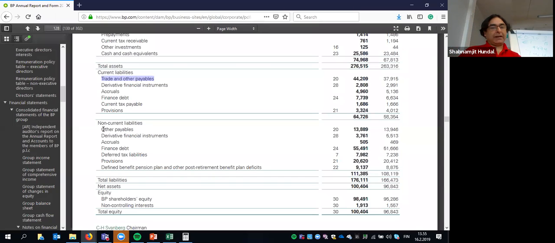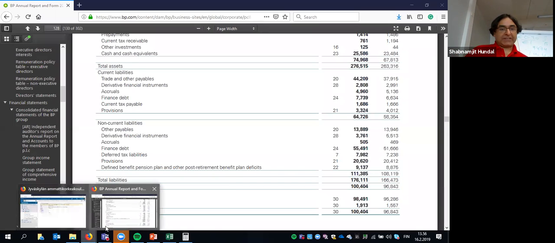So these are not trade payables, but some other payables. I don't know what they have to pay. But the business-related liability, the trade payable, is this. It means that the company owes $44,209 million to somebody, but for the short period, basically to the suppliers, those who supply them some inputs or whatever things. And what is the implication of this?